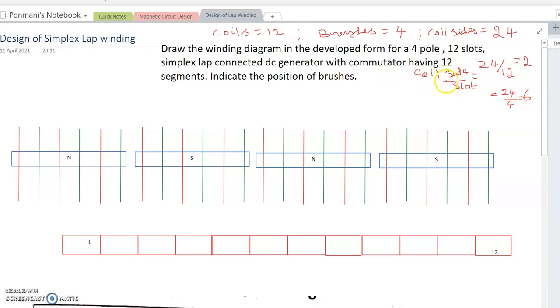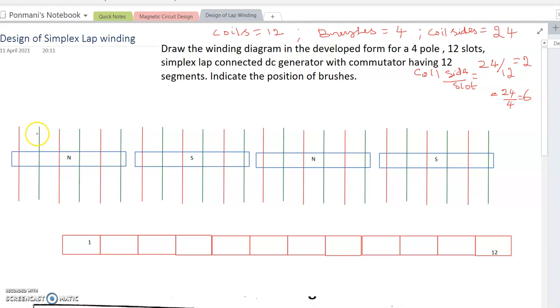So first we have to draw the coil sides per slot. That means one top coil side and one bottom coil side will be there in a slot. So this is one slot. In one slot, one top coil side and one bottom coil side will be there.